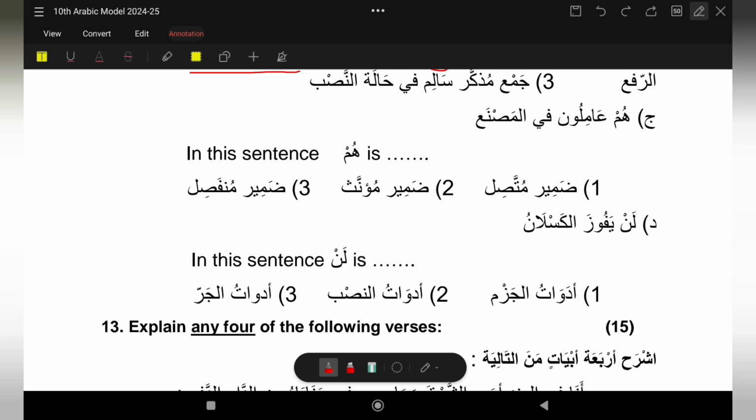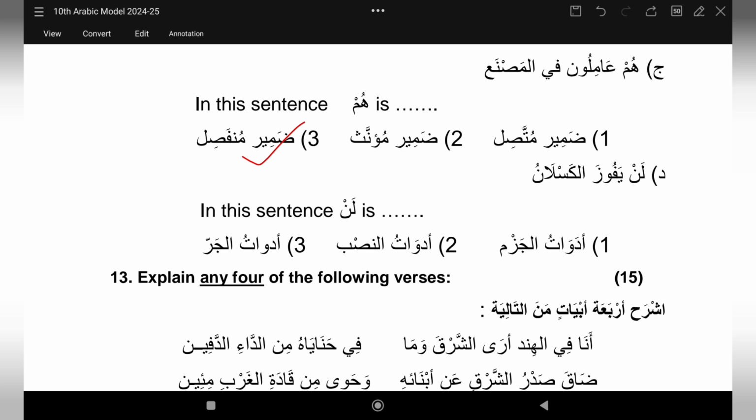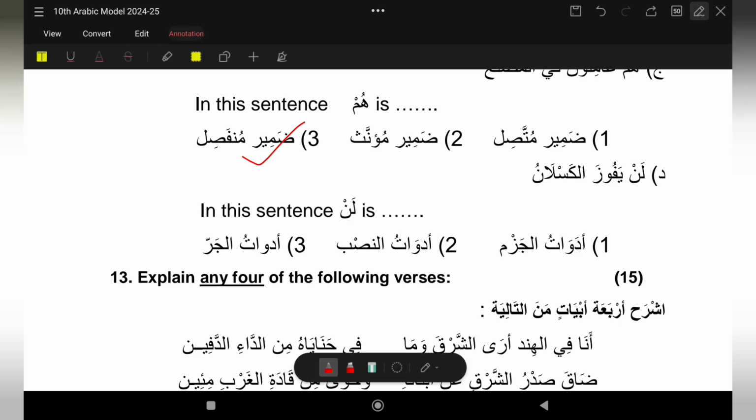These three are for male. So ضمير منفصل is the answer. Okay. لن يفوز الكسلان. In this sentence, لن is أداة جزم, أداة نصب, or أداة جر. It's أداة نصب. We have studied أن, لن, كي, إذن. These letters give nasb to the فعل مضارع.